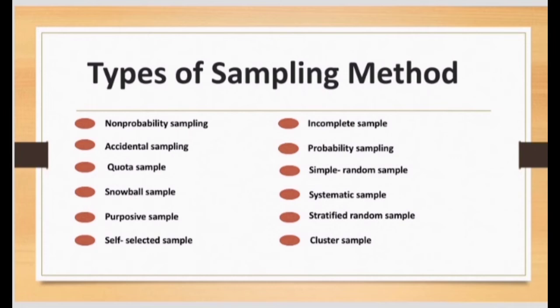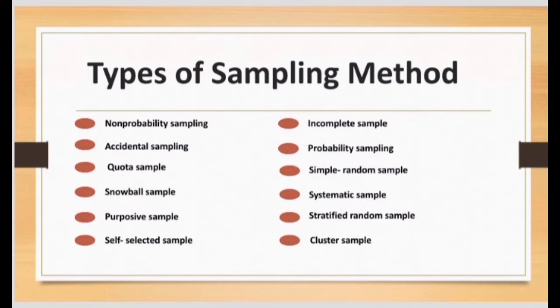Let's proceed to the types of sampling method. It includes non-probability sampling: accidental sampling, quota sampling, snowball sampling, purposive sampling, incomplete and self-selected sample; and probability sampling: simple random sampling, systematic sample, and stratified random sample.